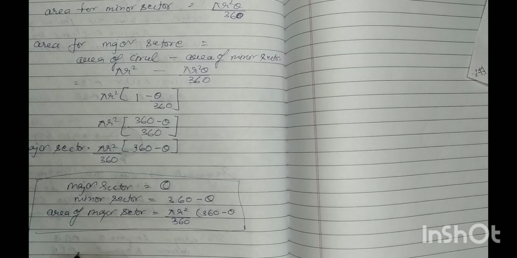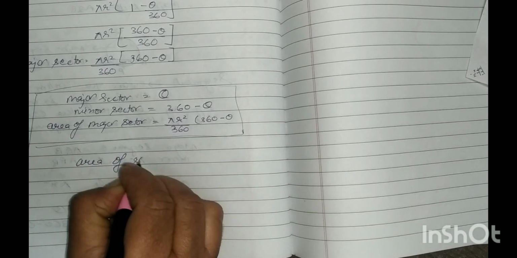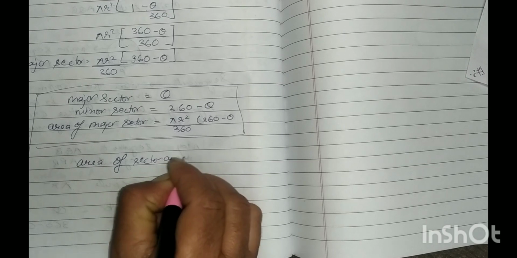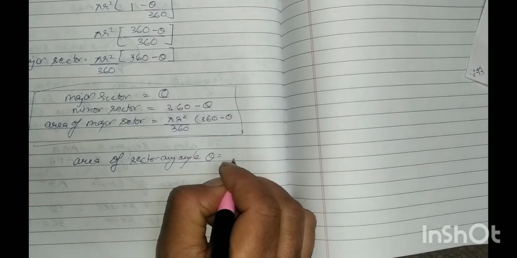Or area of a sector of any angle theta equals pi r square theta upon 360 degree.